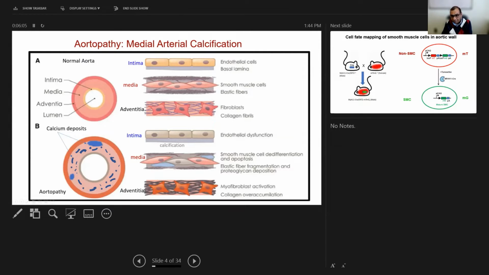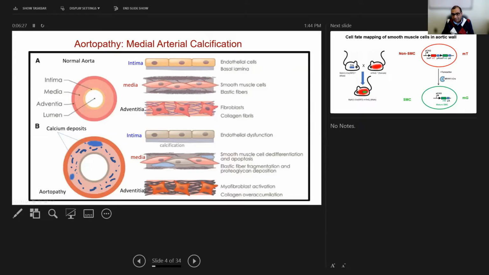And what happens is you have a lot of elastin breakdown, and that elastin attracts calcium, and the calcium binds, and then you can see a lot of these smooth muscle cells phenotypically change into what we call osteoblast-like cells. So they become bone-like cells, which create ectopic bone formation in the vascular wall. And that leads to other problems.